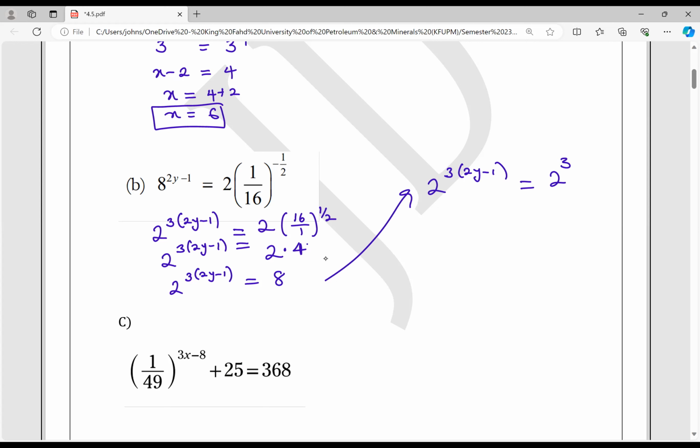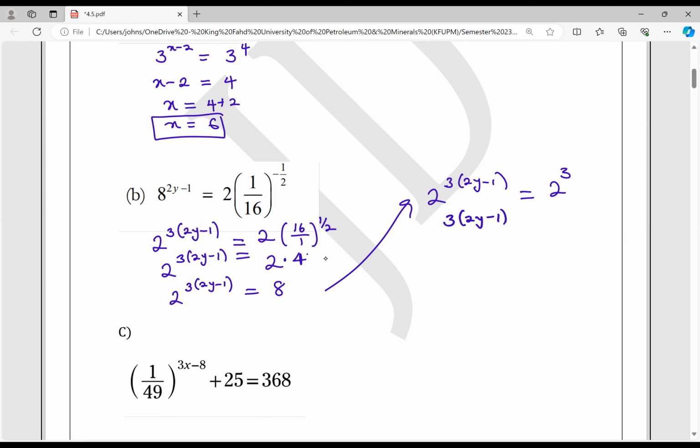Now dropping the bases, you will have 3 times 2y minus 1 equals 3. And here this will be 6y minus 3 equals 3. Then 6y is going to be 6, and this means that y is equal to 1.